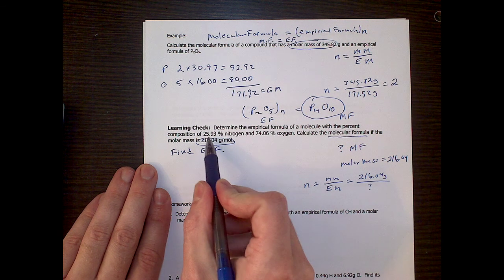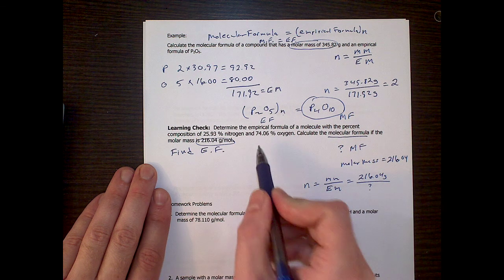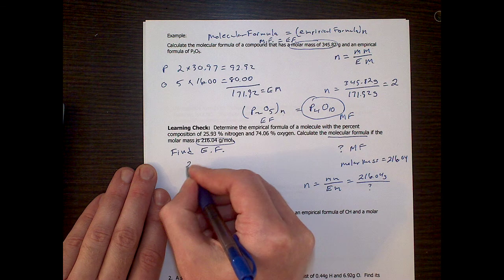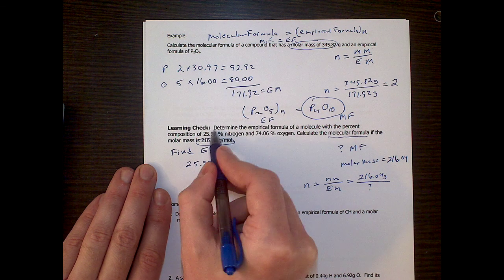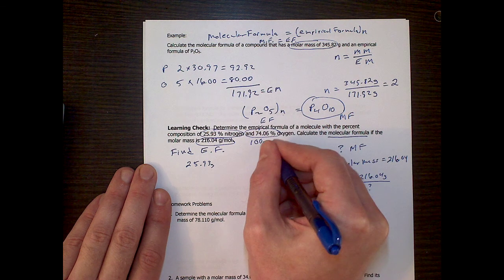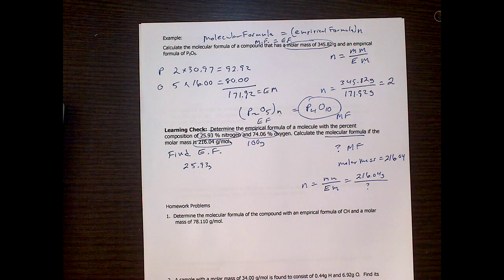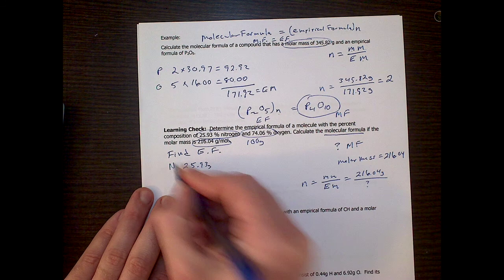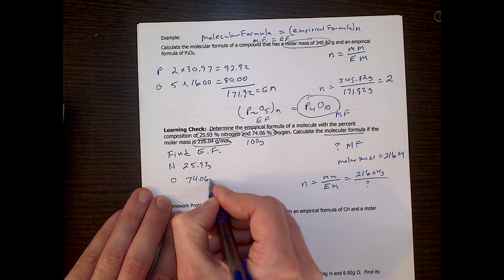All right, so I've got 25.93% nitrogen and 74.06% oxygen. So I'm going to take this and translate it into grams. Okay, remember, if I've got these as percentages, I'm going to take it out of a 100-gram sample, and that will allow me to determine my ratios. So this is for nitrogen, and oxygen is 74.06 grams.